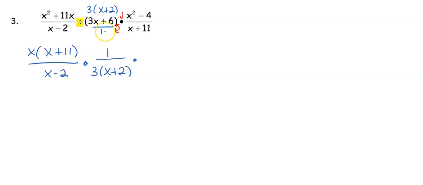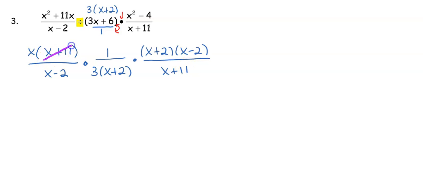You only do the reciprocal of the one piece that you're dividing. Maybe you're dividing 2 pieces and you flip both of those, but only divide the one expression that has the division symbol by it. In the numerator here, we have the difference of 2 squares, so that's x plus 2, x minus 2. On the bottom, we've got x plus 11.